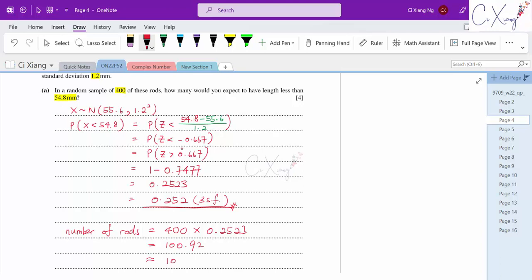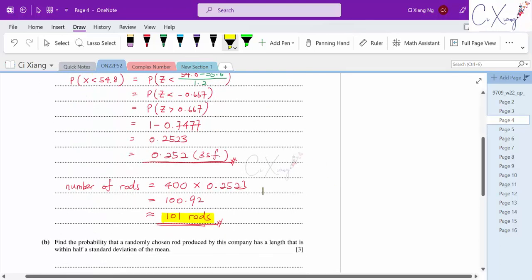You can round off to 101. That means there are approximately 101 rods having a length less than 54.8. So this is how we answer part A, and let's proceed to part B.